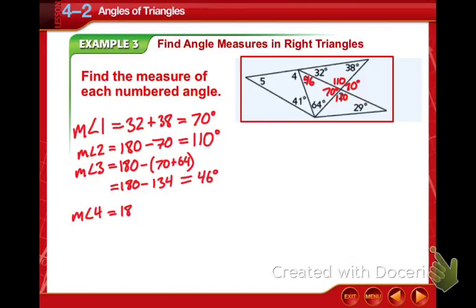So that means 180 minus angle 3, which we just found was 46, plus 32 will get us what's left over of the 180 that that makes. So 46 plus 32 is 78, and 180 minus 78 is 102.